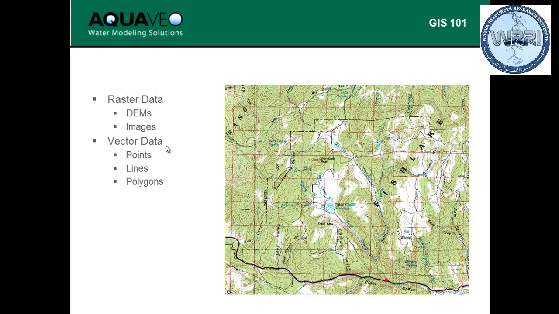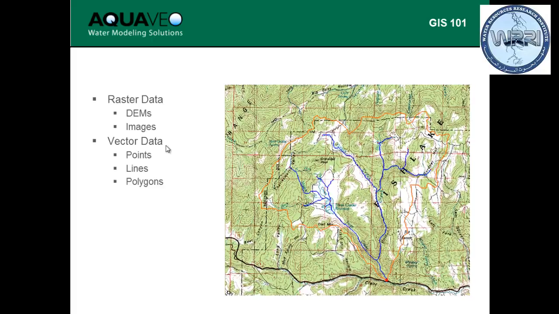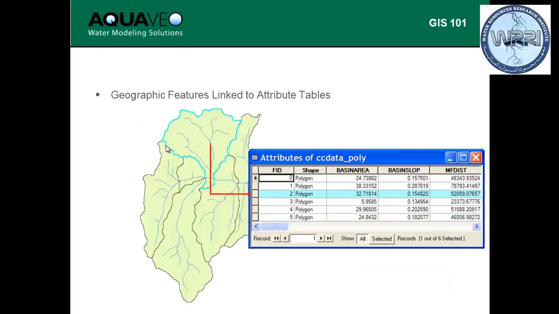So, vector data are points, lines, and polygons. We already talked about the difference between raster and vector data. So what's the difference between regular CAD data and GIS data? There are a couple of differences.